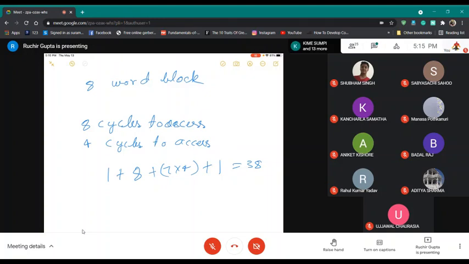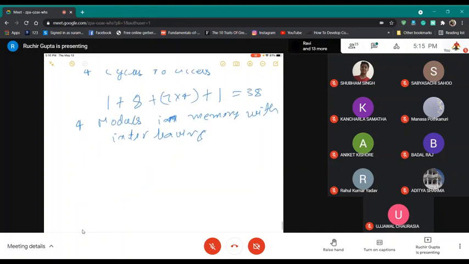Now let's assume that you have 4 blocks, 4 modules in memory with interleaving. In that case, what will be the requirement?